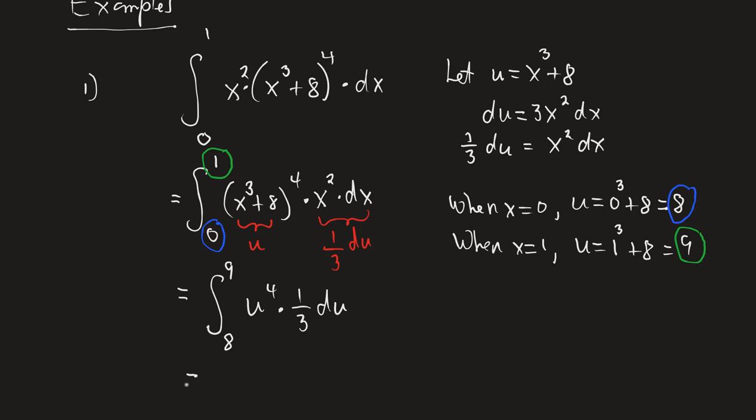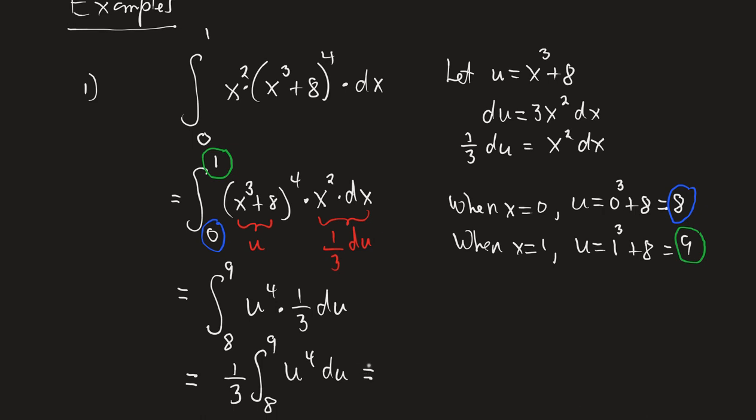So let's complete the problem. Take the 1/3 out. That's a constant, so you can put it in front of the definite integral, and then we go from 8 to 9, and what we have is u to the 4th power du.